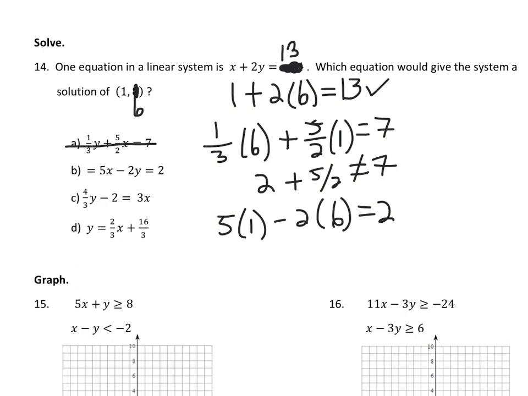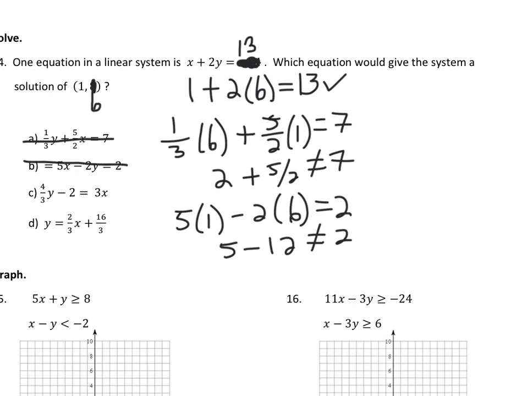Well, 5 minus 12 does not equal 2, so it's not B. Let's try C. 4/3 times y, which is 6, minus 2 equals 3 times 1.